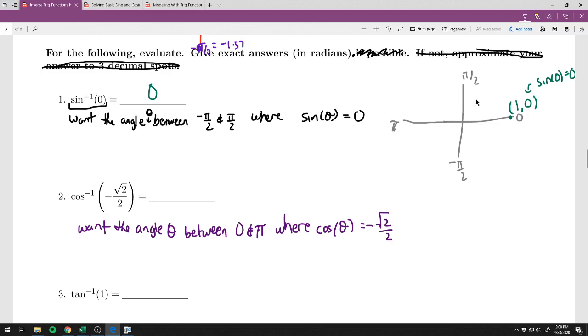Right? Now, if we're in quadrant 1 or 2, cosine is negative, is automatically going to put us in quadrant 2. And the reference angle for square root of 2 over 2 is pi over 4, right, in radians. So that's why I'm using radians here, pi over 4.